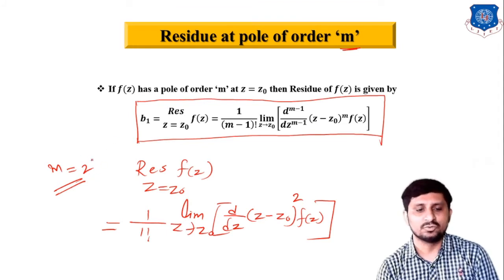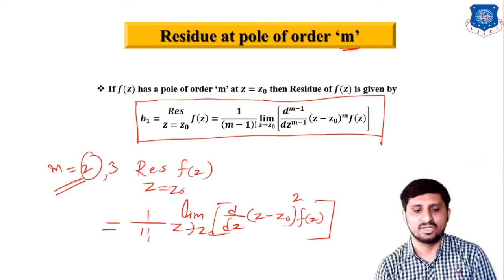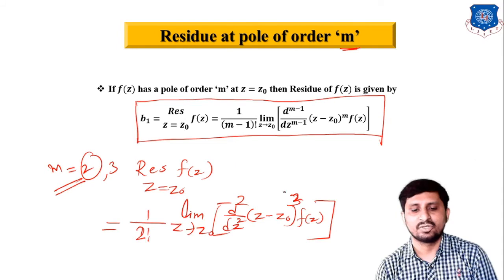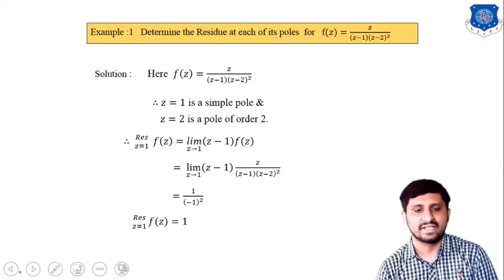Clear? Suppose m is equal to 3, then the residue of f of z at z equal to z0 has 2 factorial, and instead we have d square by dz square of (z minus z0) raised to 3 into f of z. So in that case you have to differentiate this function 2 times. Okay, so let's solve one example.